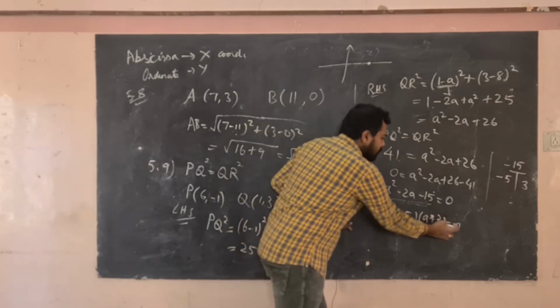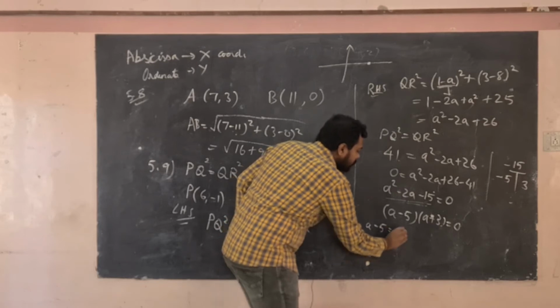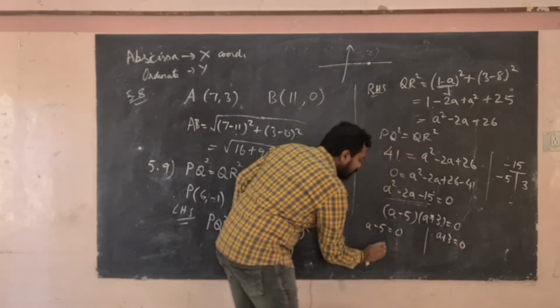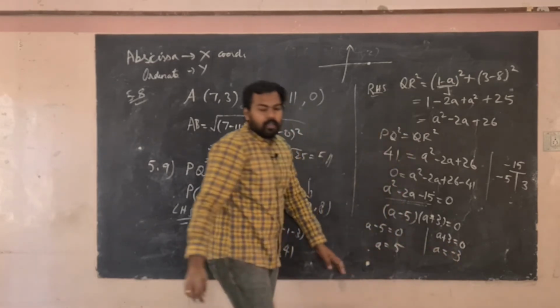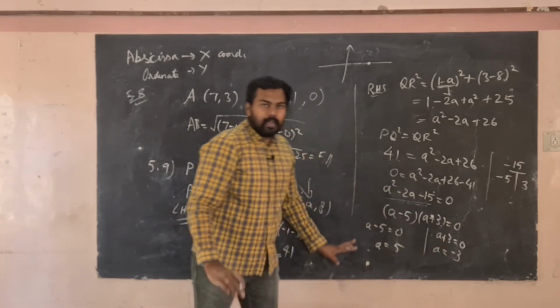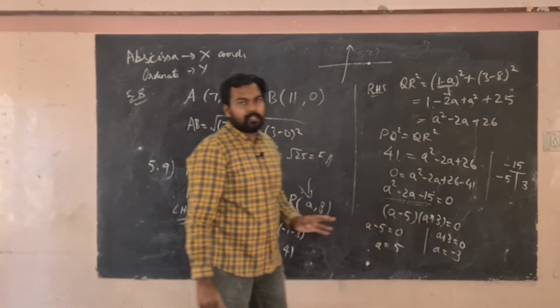This will become 0, this will also become 0. So write A minus 5 equal to 0, A plus 3 equal to 0. So this will produce A equal to 5, A equal to minus 3. So the value can be either 5 or minus 3. Answer: A can be either 5 or minus 3, which is the answer for this question.